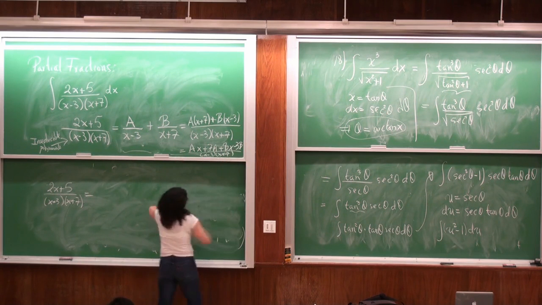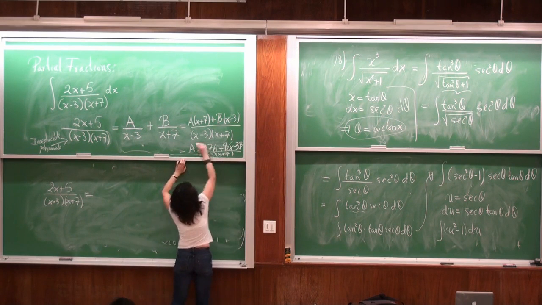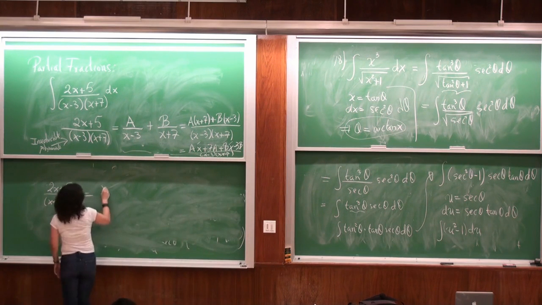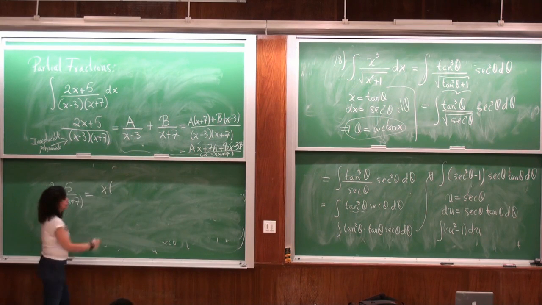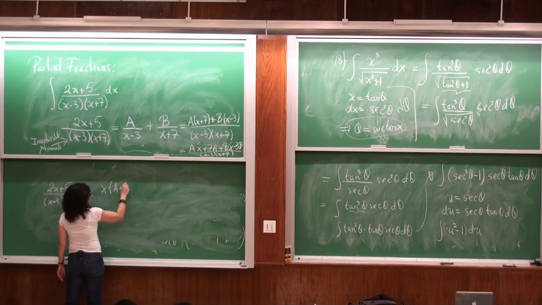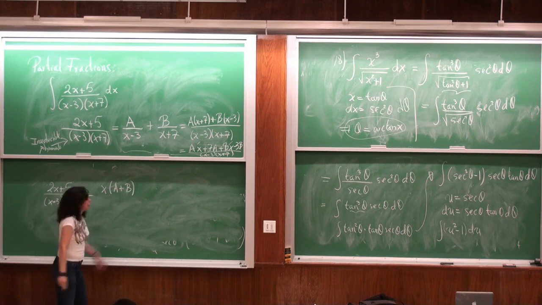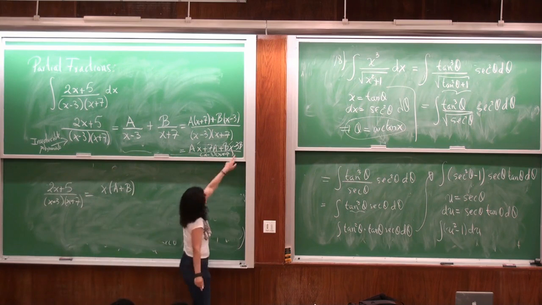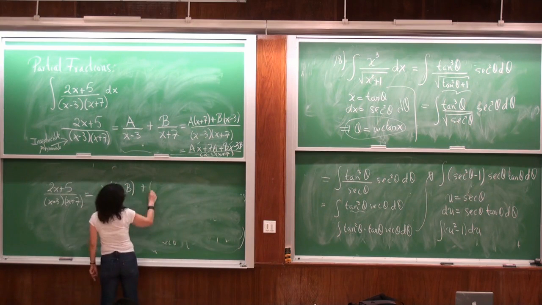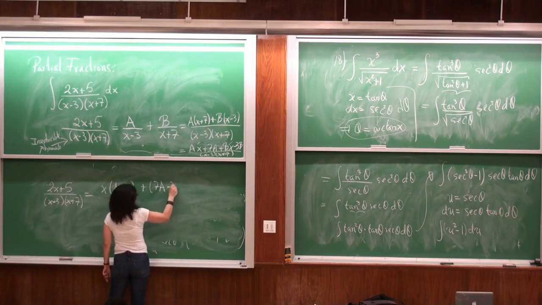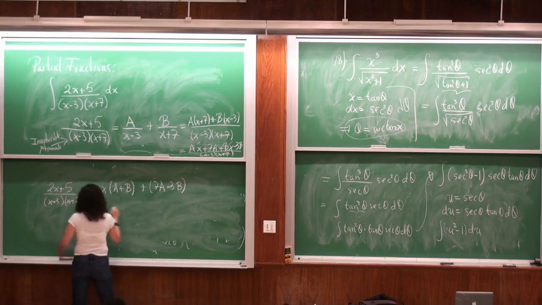Yes? Now what I'm going to do is put together everything that has x. So this looks like x times A plus B. And then everything that doesn't have x goes together, plus 7A minus 3B. And then I'm dividing over this product.